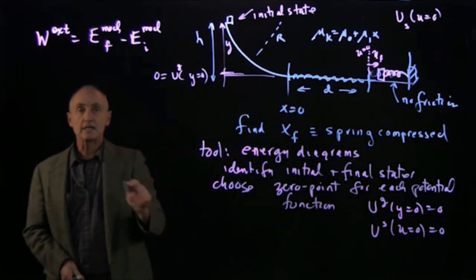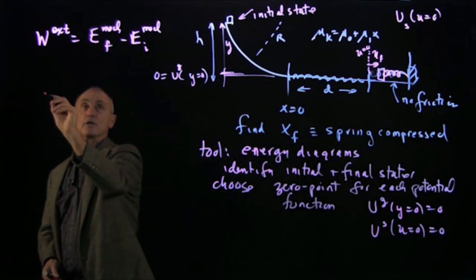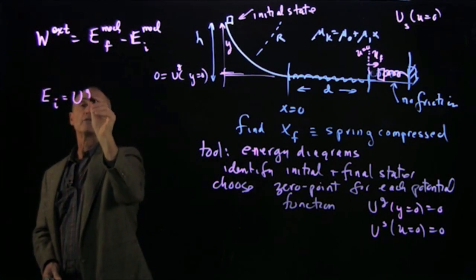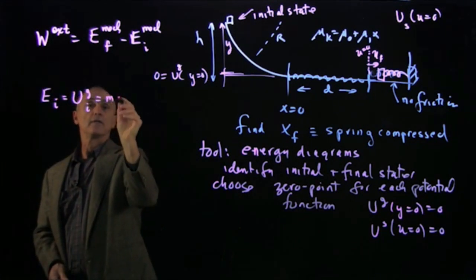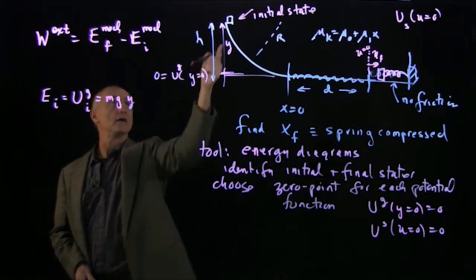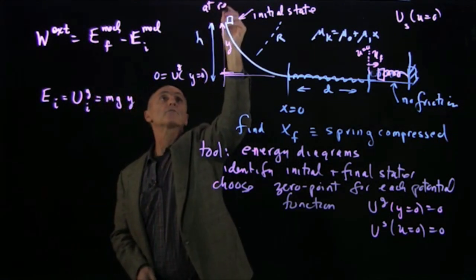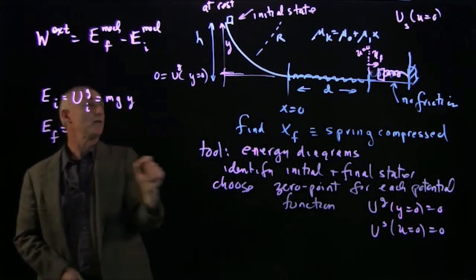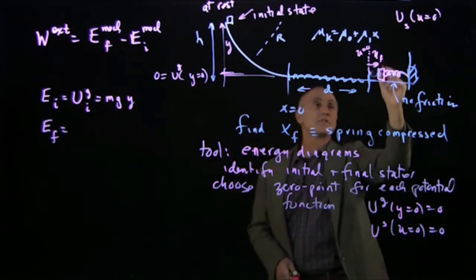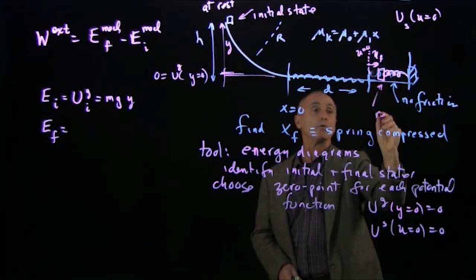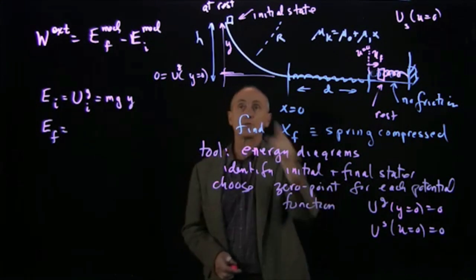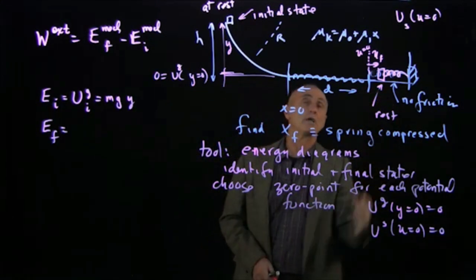So now I can identify my energies. The initial energy is all gravitational potential. That's mgy. It's starting at rest. And E final, well, this is the distance where it comes to rest also. So there's no final kinetic energy. There's no gravitational potential energy because we're on the surface at y equals 0.